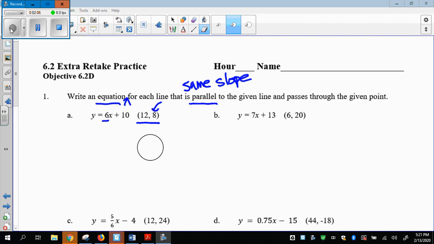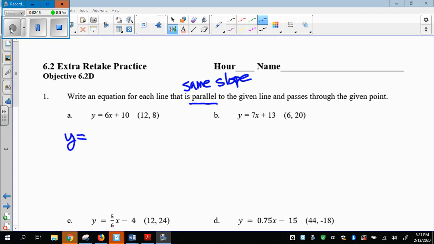Okay. Now one other option, if you always like to put things in slope-intercept form, then you would have to find the y-intercept, and you could find the y-intercept like I just did. You saw the y-intercept at the end there, but I know some of you are used to doing it this way, so you could also do it this way, where we just substitute in 12 for x, 8 for y, and 6 for the slope, and so we get 8 equals 6 times 12, which is 72, plus b.